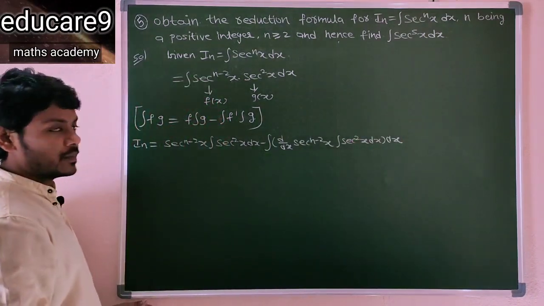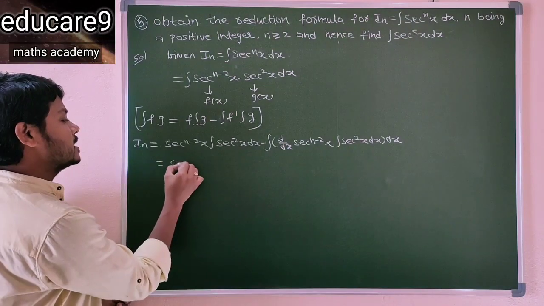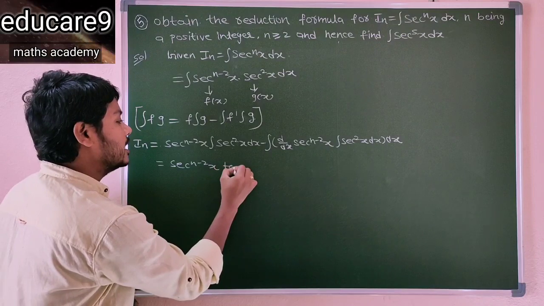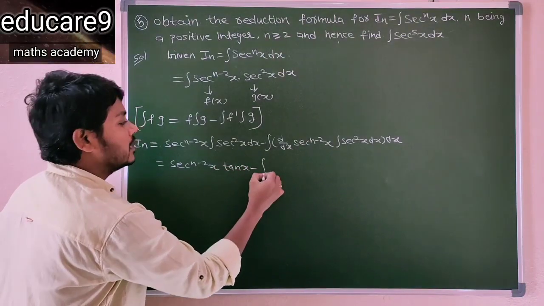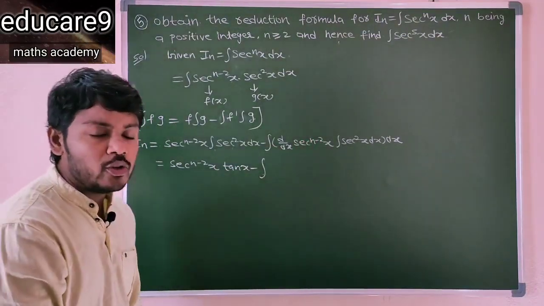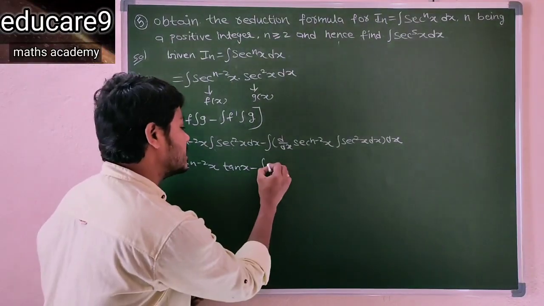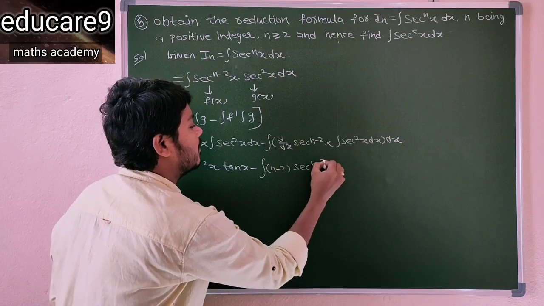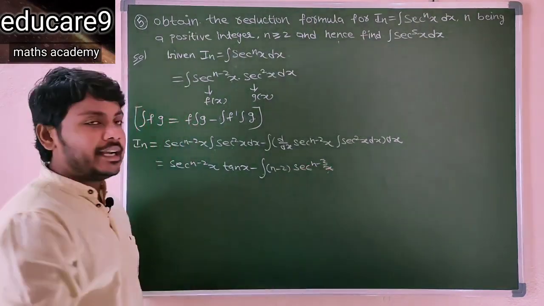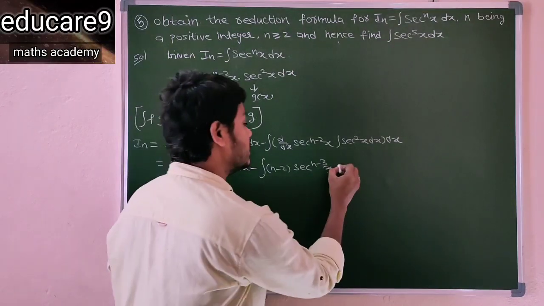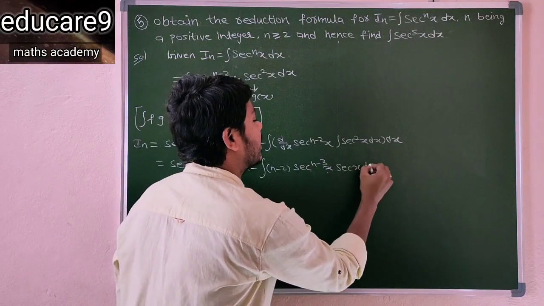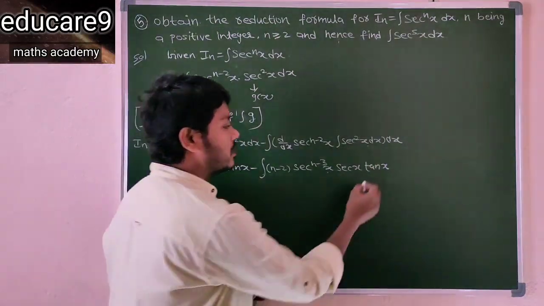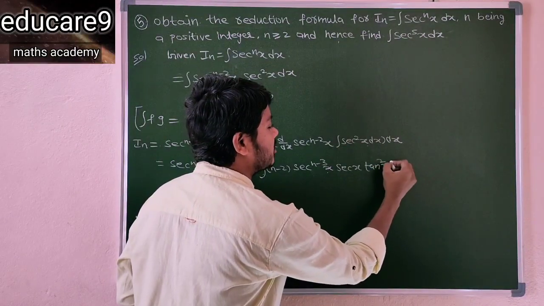Now clearly this is sec^(n-2) x times the integral of sec^2 x, that is tan x, minus the derivative of f(x) by the power formula, that is (n-2) sec^(n-3) x times the derivative of sec x, that is sec x tan x. So integration of sec^2 x is tan x, so tan x into tan x, tan^2 x dx.